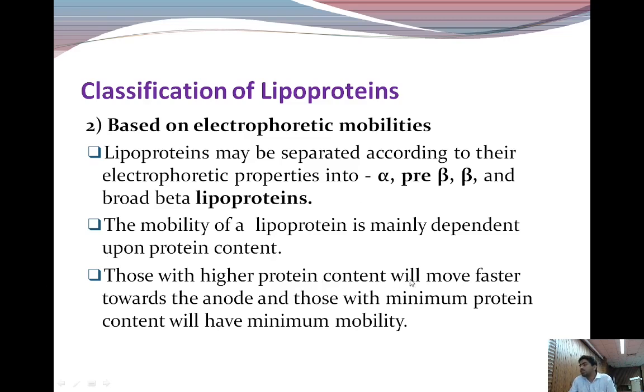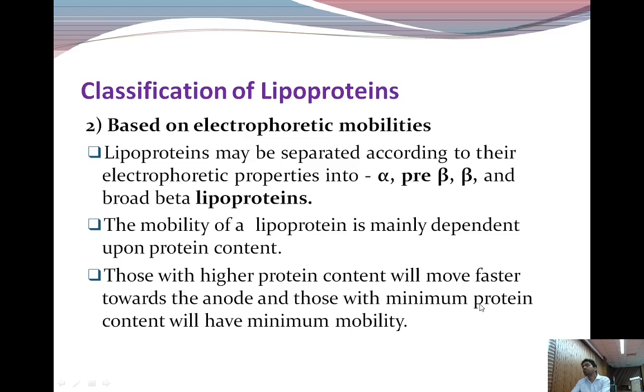Those with higher protein content will move faster towards the anode, the positive electrode, because the protein normally has negative charges. At the pH at which we do electrophoresis, all the proteins generally contain negative charge. So whichever lipoprotein has higher protein content will move faster towards the positive electrode, and those with minimum protein content will have minimum mobility.